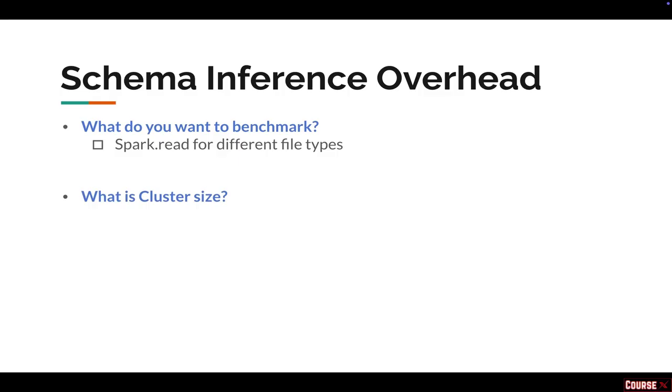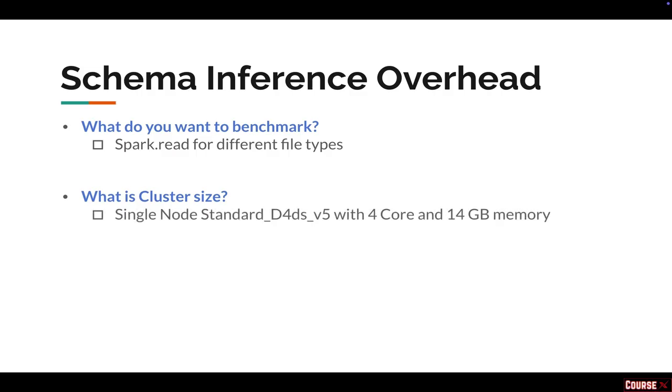What is the cluster size that we are going to use in this experiment? We will use a single node standard D4DS V5 cluster, that is 4 cores and 14 GB of memory. What is the data volume that we will be dealing with in this lesson?